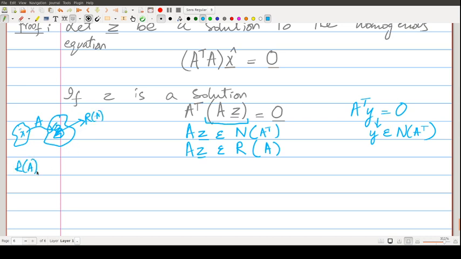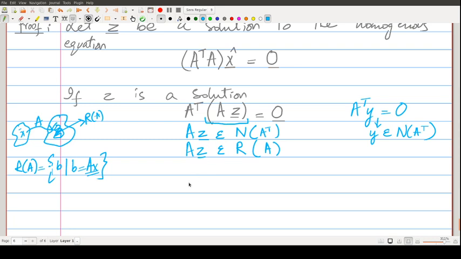It contains every vector b such that b equals A times x. It contains every vector of this form, which means A times z is also in the column space of A.